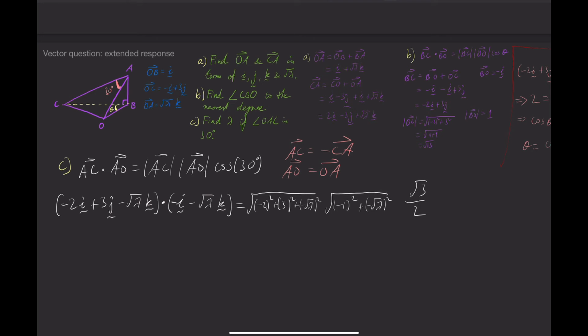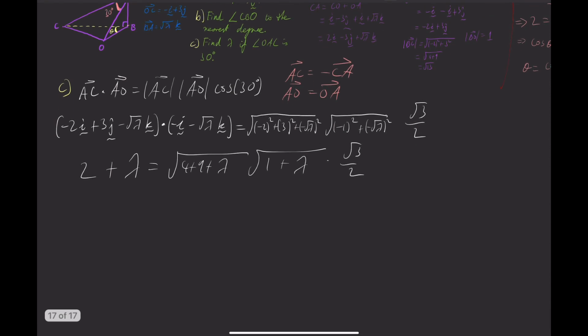So our dot product will be 2 plus lambda, and that will equal the square root of 4 plus 9 plus lambda times the square root of 1 plus lambda times root 3 on 2. Now I'm going to be a little bit cheeky here. I'm going to move this 2 across.